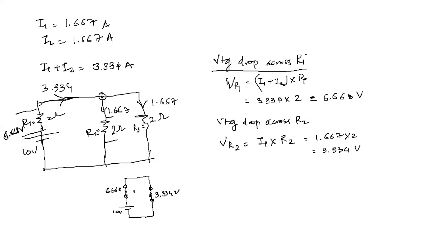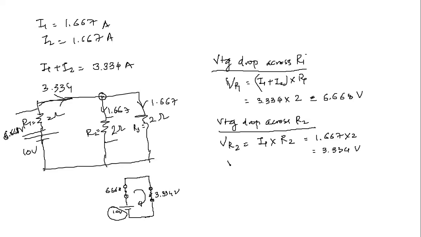Now if you apply KVL for this, when you add these two drops, you'll end up getting 10 volt, right? That is what KVL says, and that is why I told you to get the voltage across this, so that you'll get to know how KVL is actually verified when you consider the drop across each resistor.